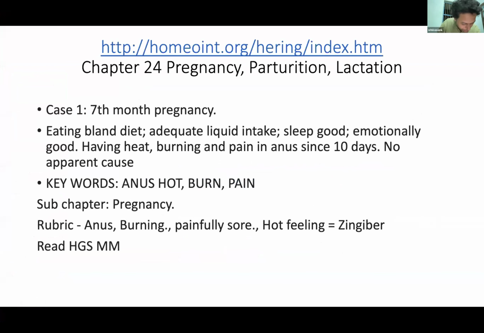So even though I am presenting the cases quite briefly, please understand in the background, the case was taken in the usual way, and for want of time and presentation brevity, only the essential point is discussed. So this is the woman who came at 7-month pregnancy.